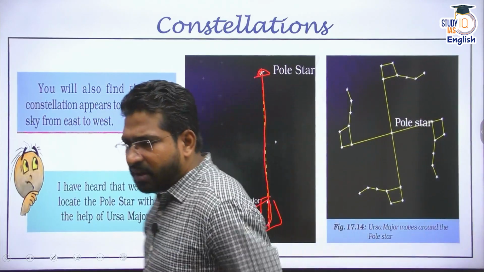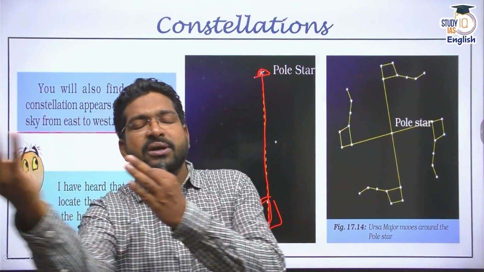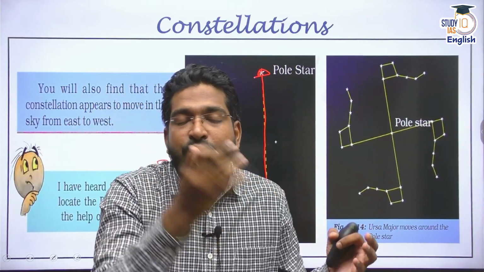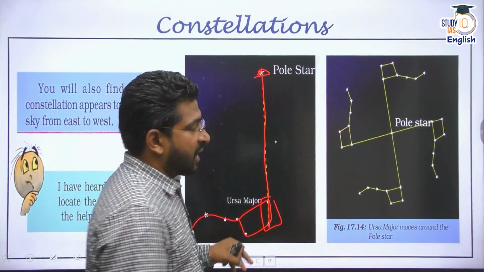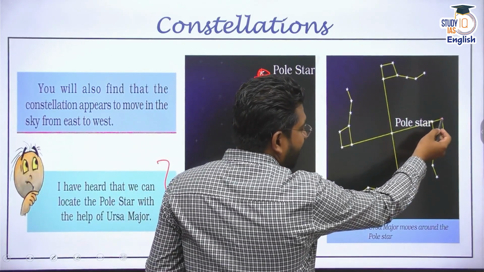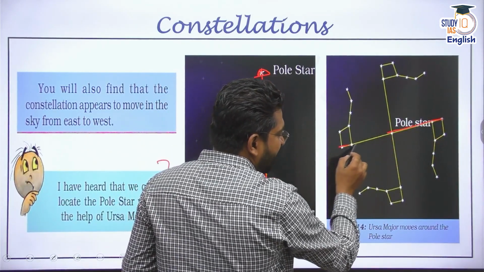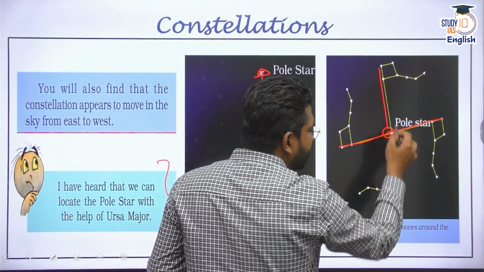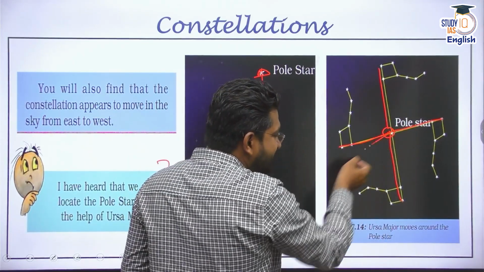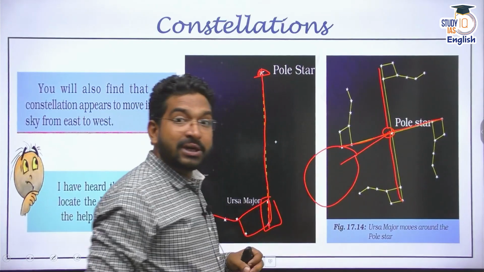And that is why even if the constellation seems as if it is revolving because of the Earth's rotation, I can locate the pole star, right? Because at any point in the rotation, if I draw a line from these 2 stars, I will reach the pole star. So I will see that this is the axis of rotation of the Earth.